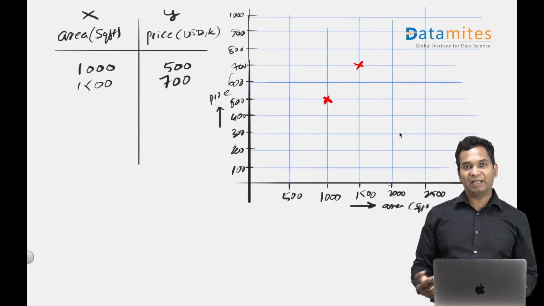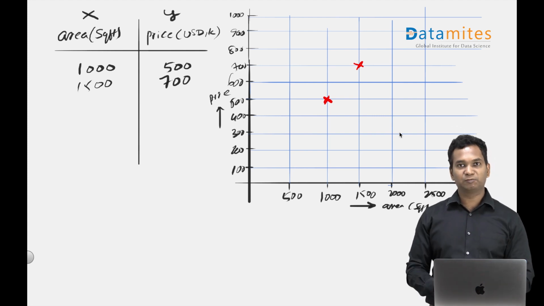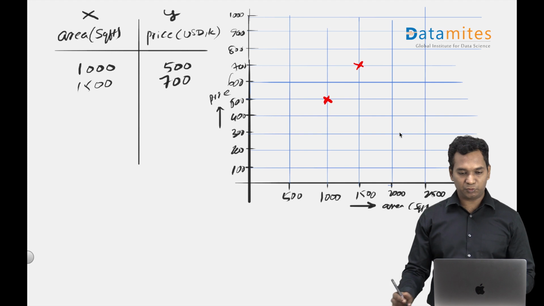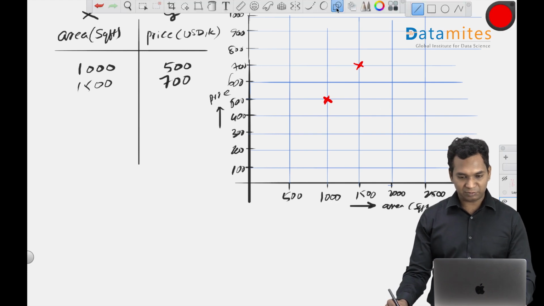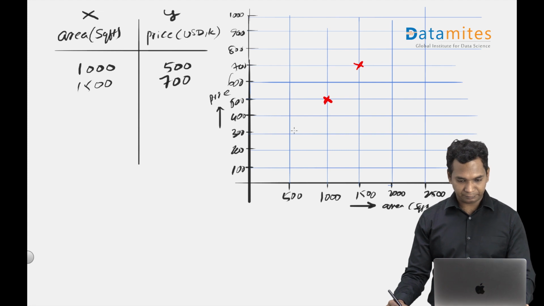Great. So I want to fit a line to this, because it's two points. If you want to draw a line passing through, the line would be something like this.